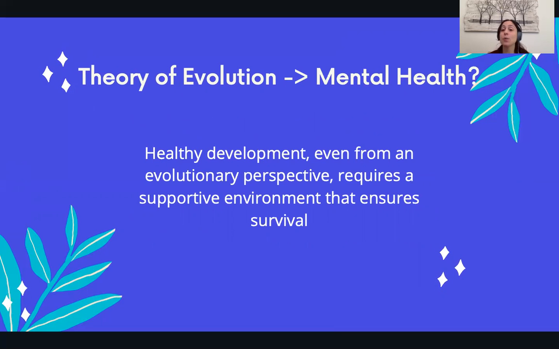Accordingly, their ability to locate a mate and develop a healthy relationship that can lead to offspring is going to be hindered. However, if they're able to access resources within their environment, like therapy, for example, they may be able to develop the skills that they were prevented from having in childhood and still develop in a healthy way according to this theory, because they're able to reach reproductive age and have offspring.